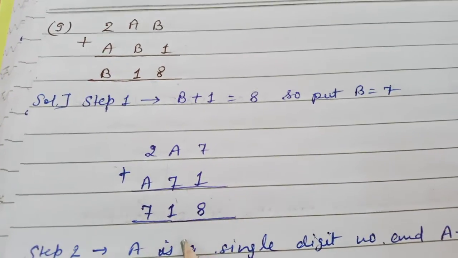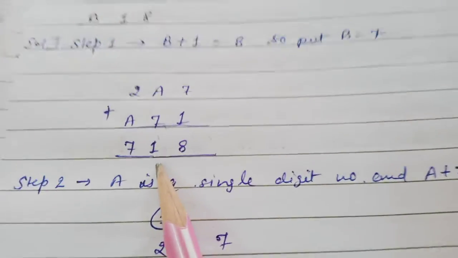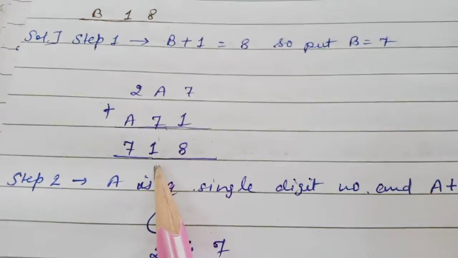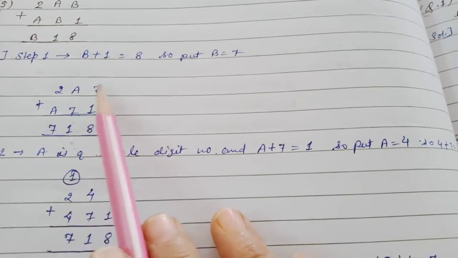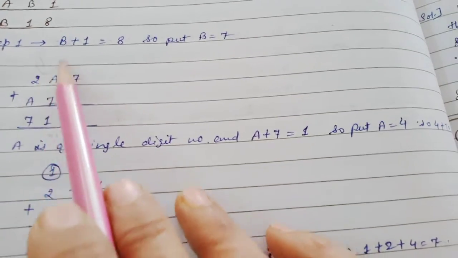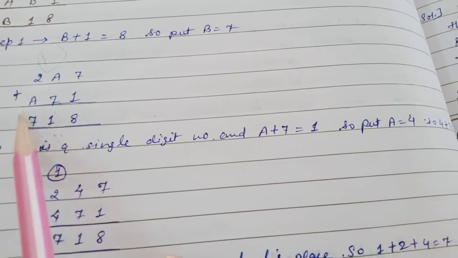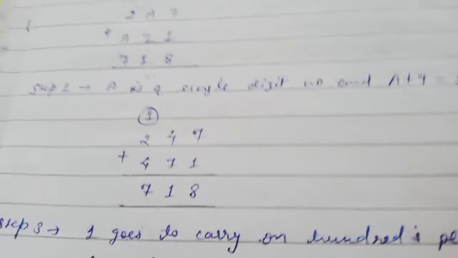So A plus 7 is equal to 1. It means 7 plus 4 is 11. So put A equal to 4. It means 4 plus 7 is equal to 11. Now carry over 1. 1 plus 2 is 3, 3 plus 4 is 7. Then we get A is equal to 4 and B is equal to 7.